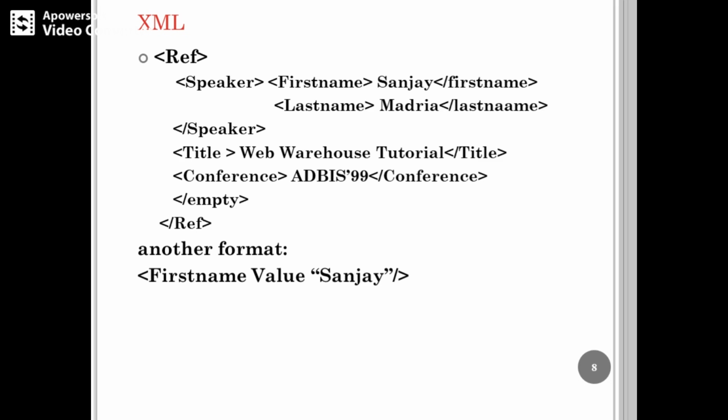That is, if you want to say an application belongs to a speaker, we can give it a speaker tag, and within that we can specify the elements. That is, what the first name consists of, what the last name consists of. So the user can define her own way of describing elements and tags.